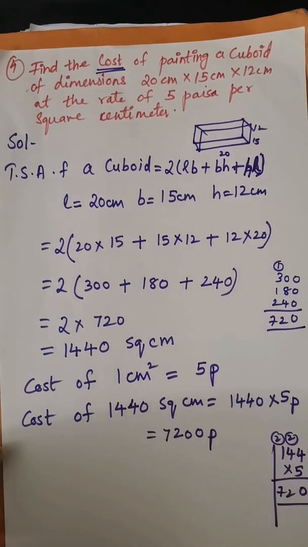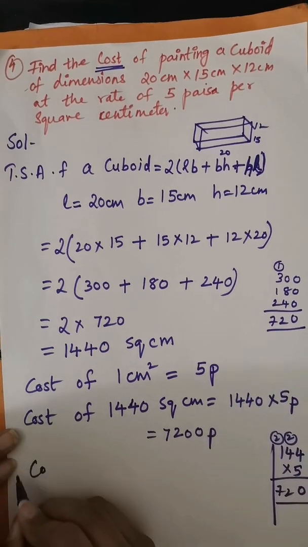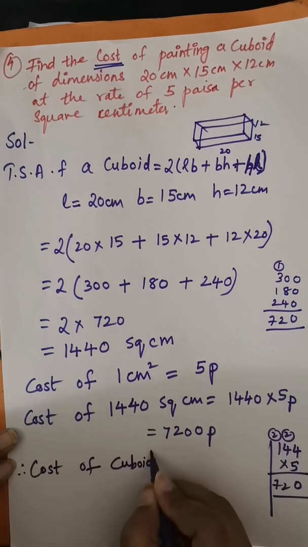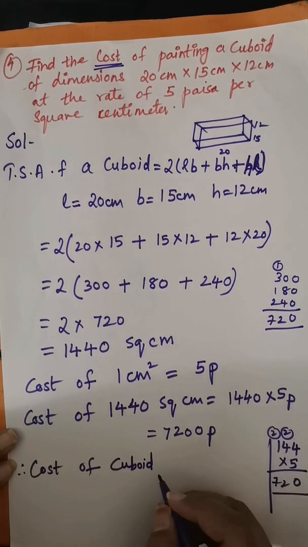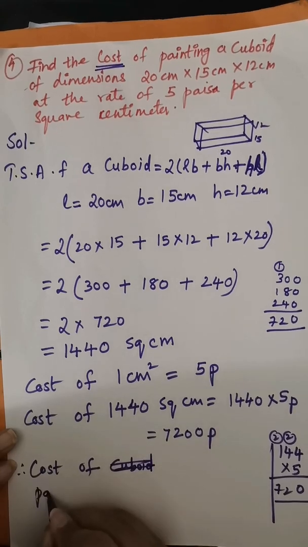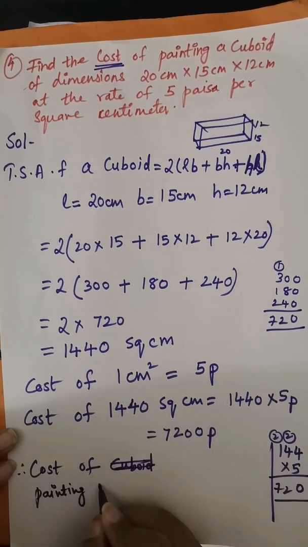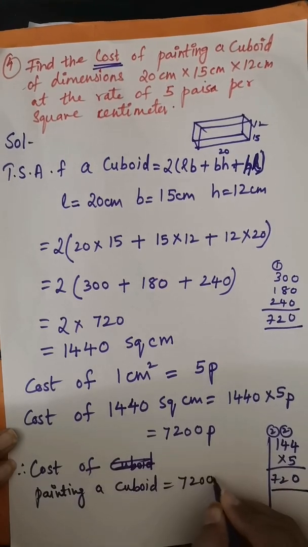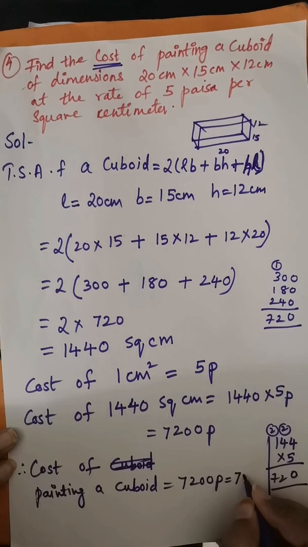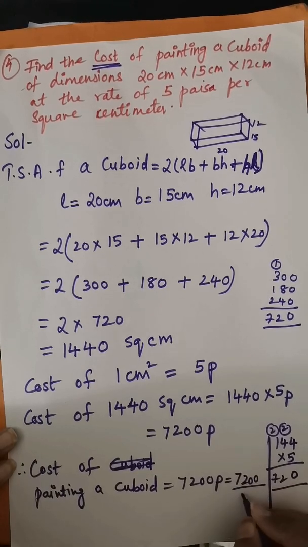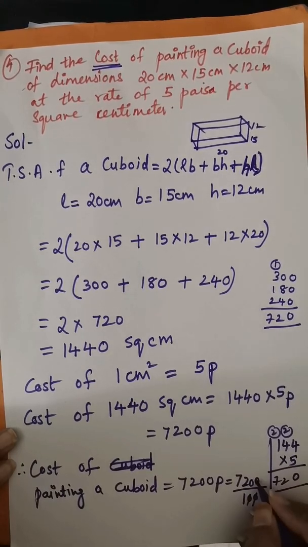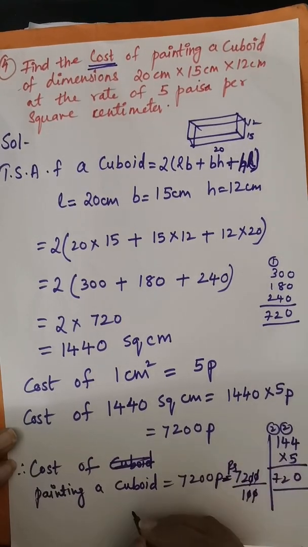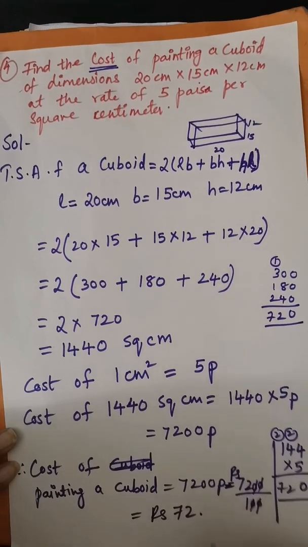Therefore the cost of painting a cuboid is equal to 7,200 paisa. To write it in rupees, we divide it by 100. So this 0, this 0 get cancelled, and it is equal to 72 rupees.